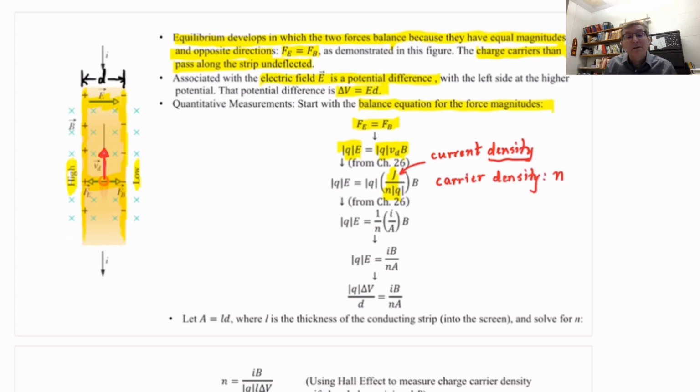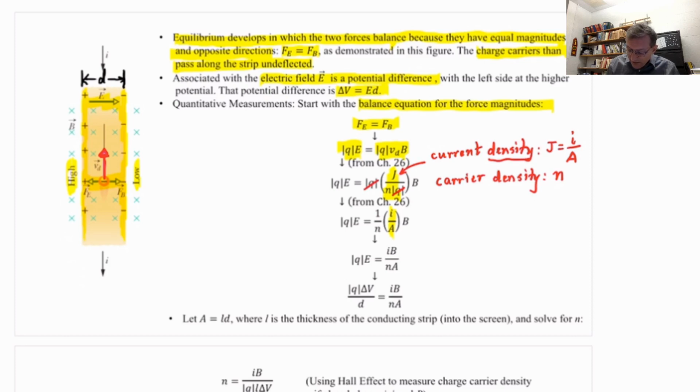That's what that symbol n is: the number of carriers, conduction electrons, per unit volume, and the magnitude of the carrier charge, magnitude of Q. Of course, then I see that on the right-hand side this factor of Q magnitude and that one cancel. And remember that current density magnitude, J, is current per unit cross-sectional area that the current is flowing through. So current per unit area, A. But we'll have to be very clear what that appropriate area is, and I'll talk about that in just a minute. Okay, so now I've replaced J with I over A. That's that step.